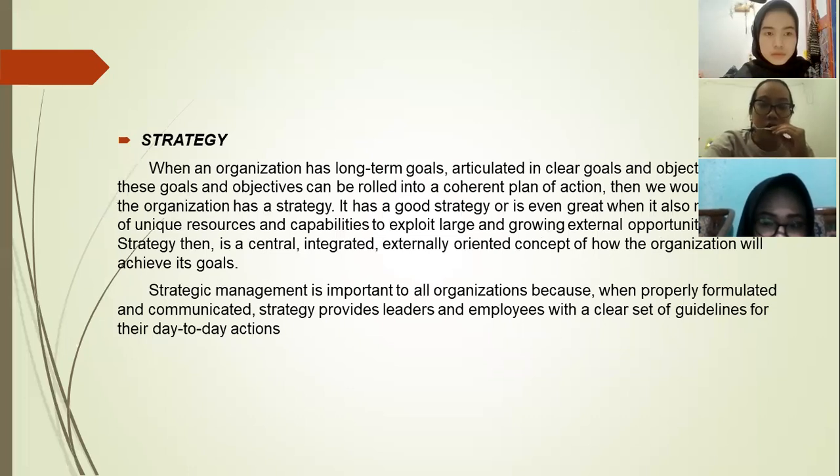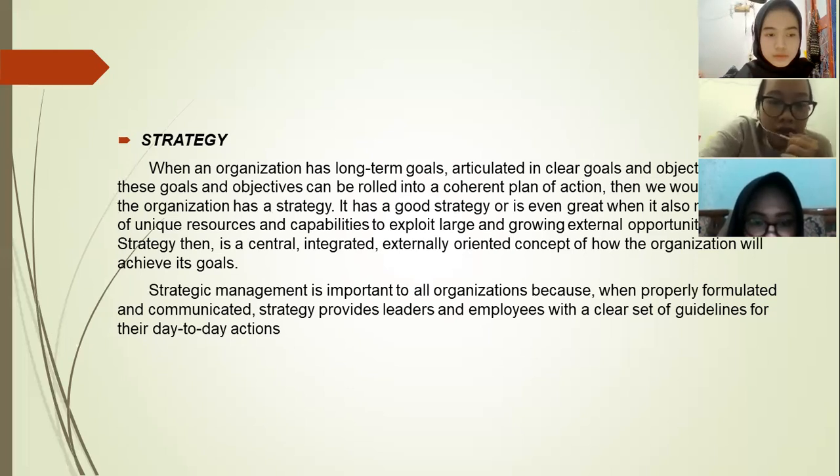Third, strategy. When an organization has long-term goals, articulated in clear goals and objectives, and these goals and objectives can be rolled into a coherent plan of action, then we would say that the organization has a strategy. It has a good strategy, or even a great one, when it also makes use of unique resources and capabilities to exploit large and growing external opportunities.